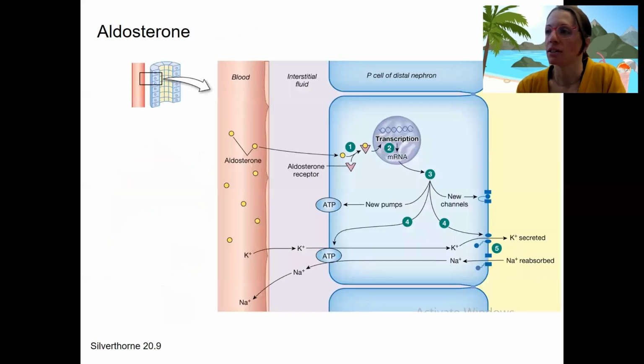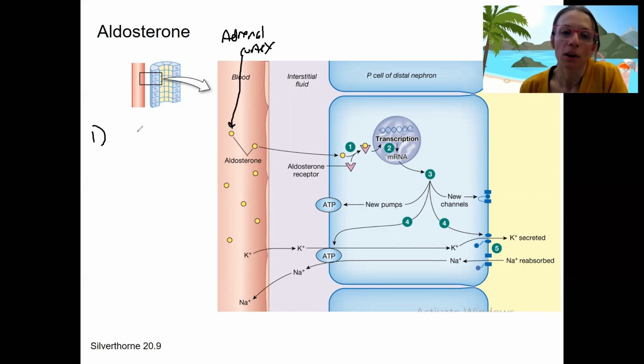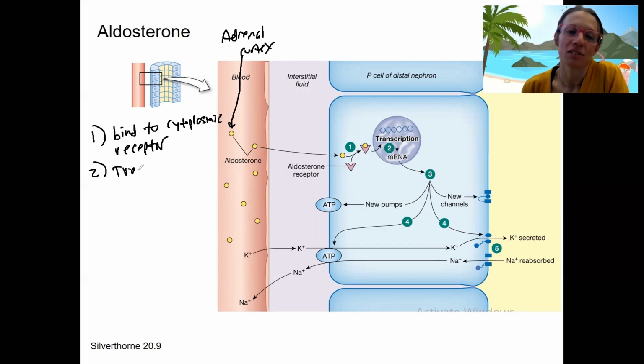So here is an image of aldosterone circulating in the bloodstream. The adrenal cortex produces this hormone into the bloodstream. It's going to, number one, bind to its receptor inside the cell, cytoplasmic. Why? It's a steroid hormone. So it's going to bind to a cytoplasmic receptor and initiate transcription of the gene of interest, because that's what steroid hormones do.